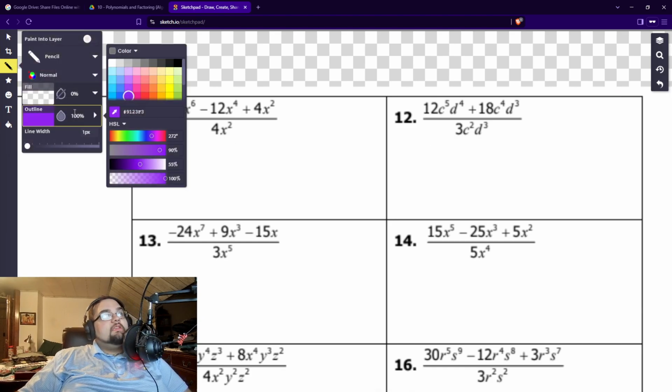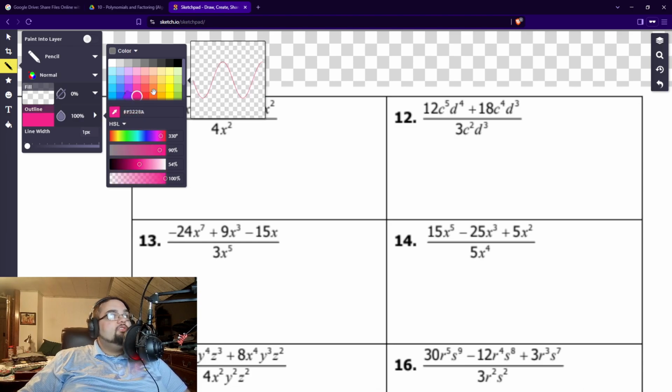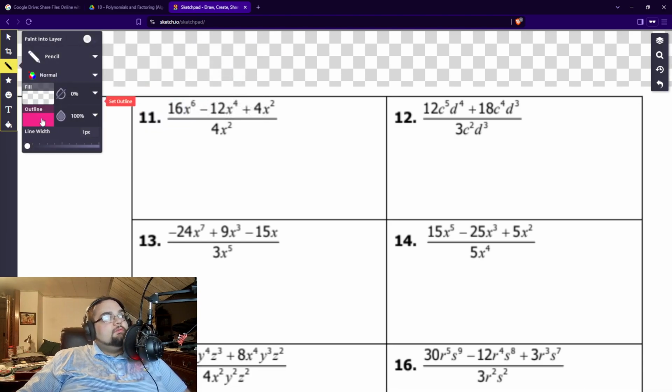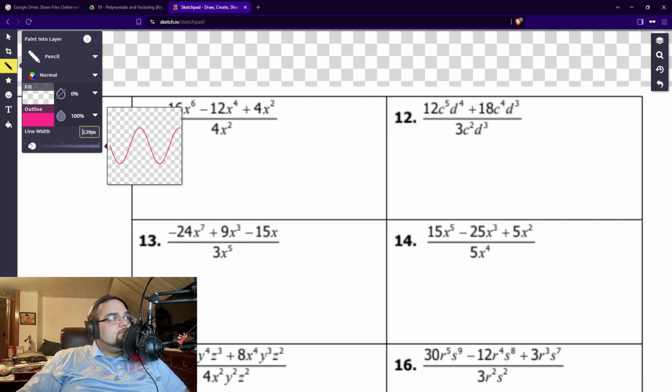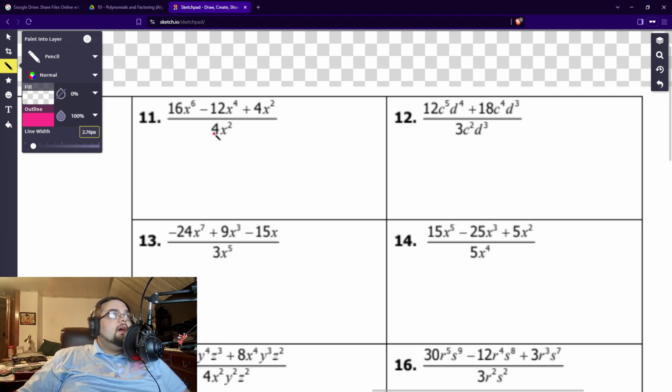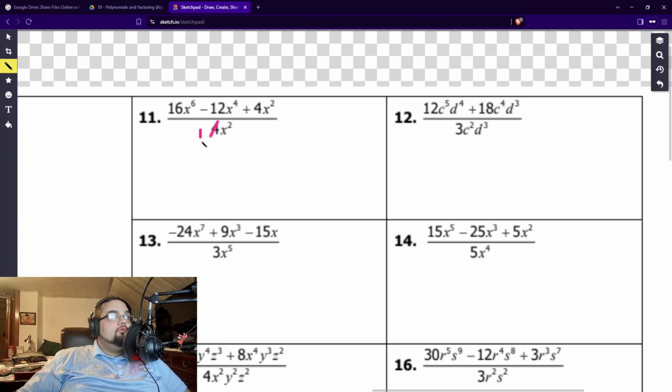Here, we got the same set of operations, okay? I can thicken up this line a little bit. So, I see 4, I see 4, I see -12, and I see 16. All these have 4 as a common factor, and since they do, we're going to remove 4. That's 1, that's 1, that's -3, that is 4. Simple division.